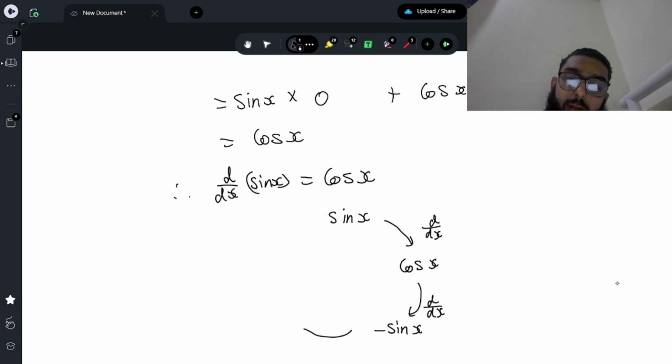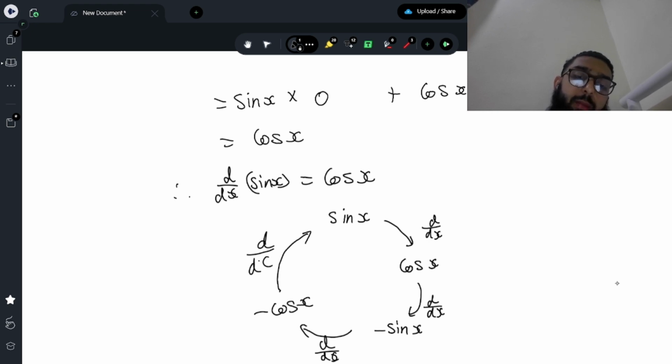Minus sine x will differentiate to give us minus cosine x. And then minus cosine x will differentiate to get us back to sine x. And this can go on forever and ever and ever. So it's quite interesting.